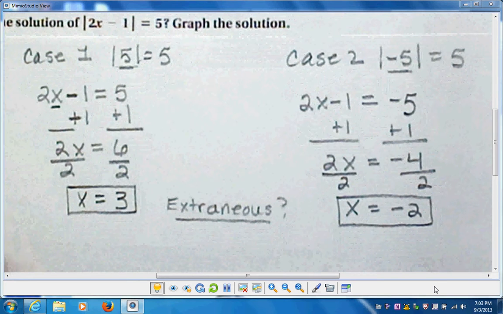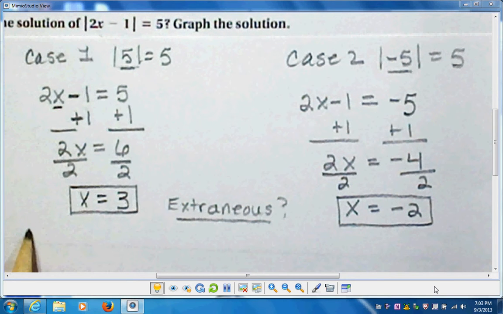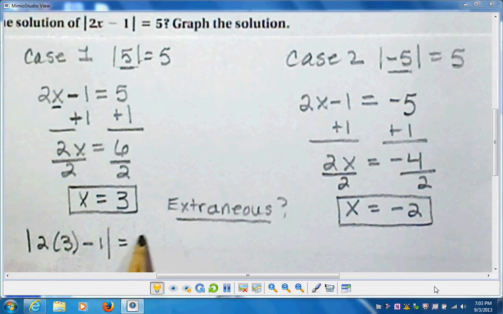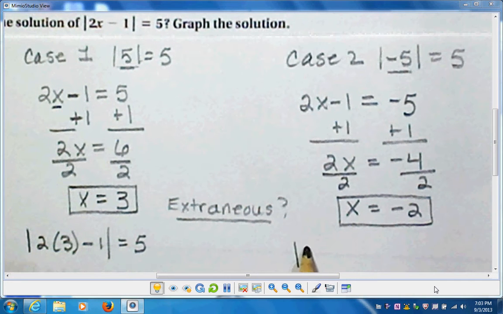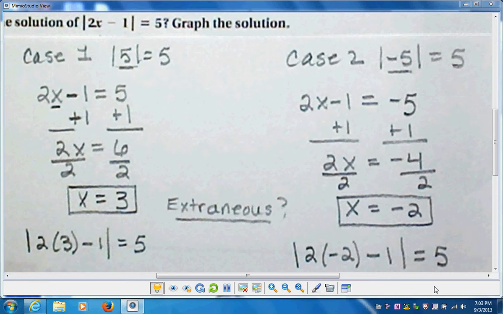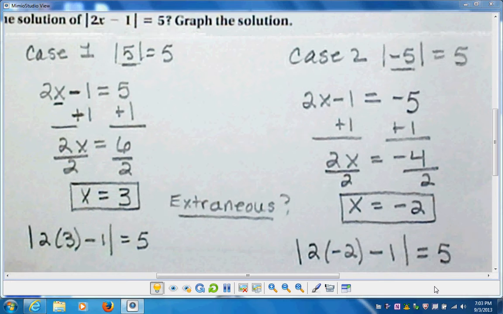So here I have the absolute value of 2 times 3 minus 1 equals 5. And over here I would have the absolute value of 2 times negative 2 minus 1 equals 5. I'm going to have to simplify the left side.